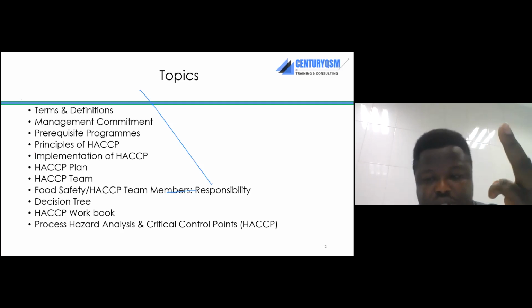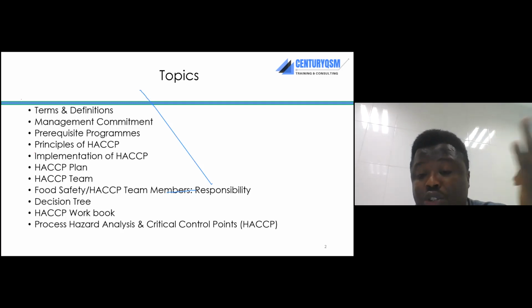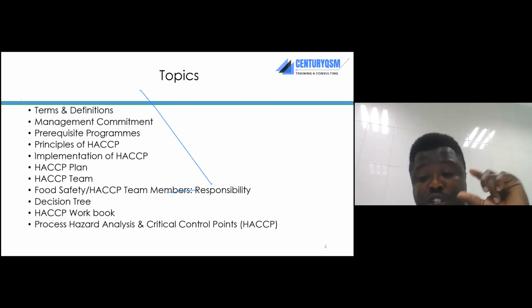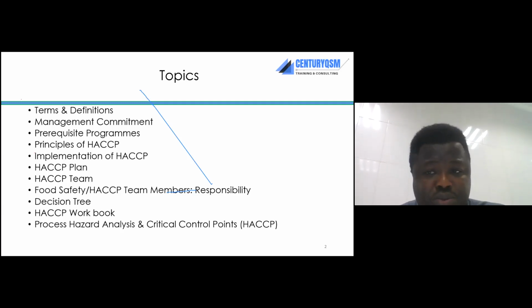From getting your team members to flow charting of the process, to using your decision tree to determine the critical control points, the operational prerequisite programs, and to also identifying every risk for each unit operation or each process step, putting up mitigation or controls for each process step, and then what records you need to monitor and how you validate and verify. So it's a skill that you need to equip yourself with if you're going to succeed. I'll call on yourself that you actually know what HACCP is all about.